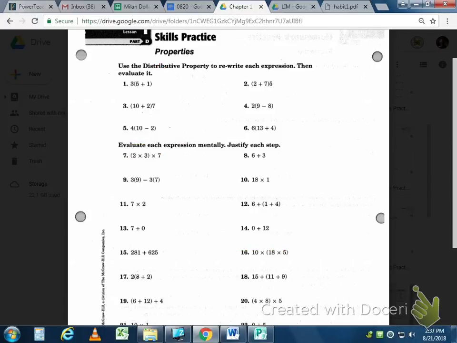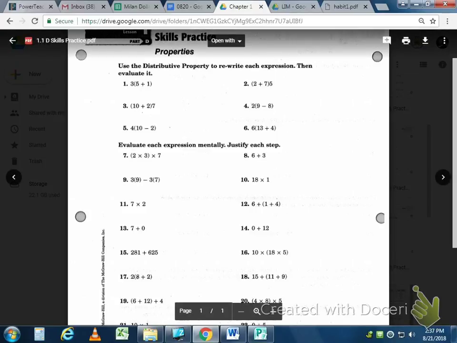So your assignment is on the skills practice, but there's a couple of them I want to show you, and I just want to explain. At the top, it says use distributive property to rewrite each expression and then evaluate it. So you for sure would have to make sure you rewrite these. So even if the 5 is on the outside but in the back, it would be just like writing it in front.